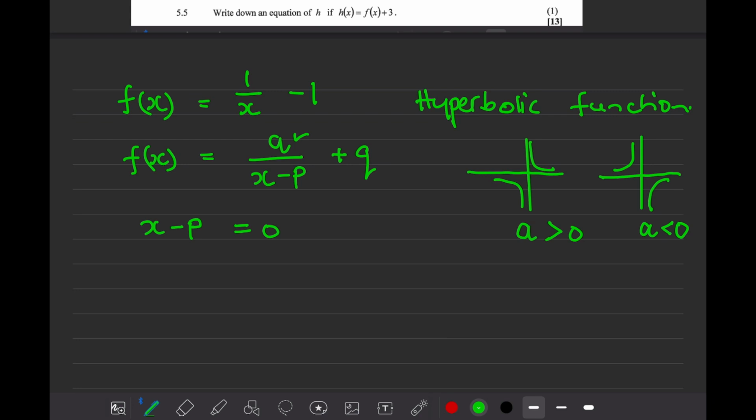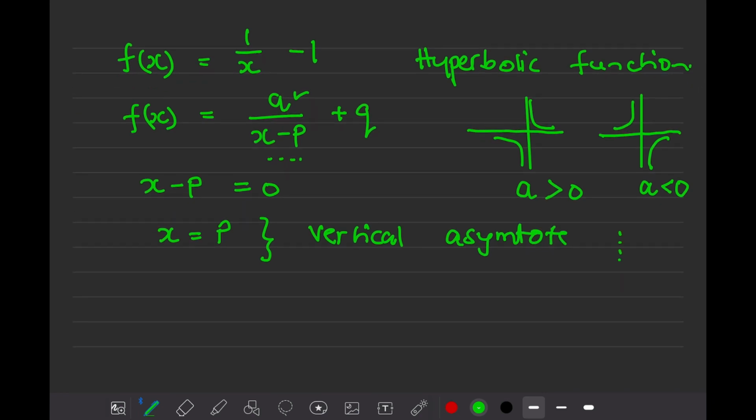If you solve for x here, as you can see, this is the denominator of this portion. X is equals to p. So this is an asymptote. But what type of asymptote? It's a vertical asymptote.